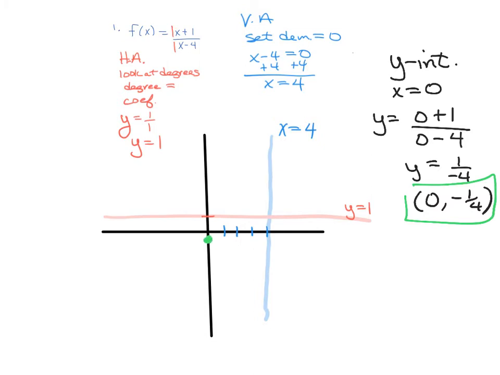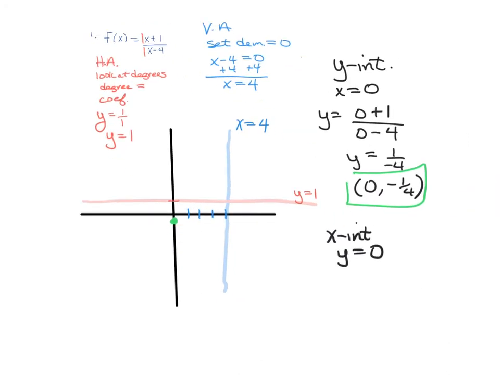Next, I'm going to find my x-intercept. And again, set now y equal to 0. 0 equals x plus 1 over x minus 4. I want to get rid of the fraction, so I'm going to multiply both sides by x minus 4.